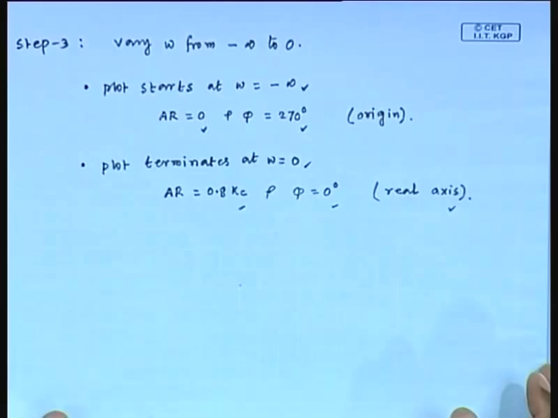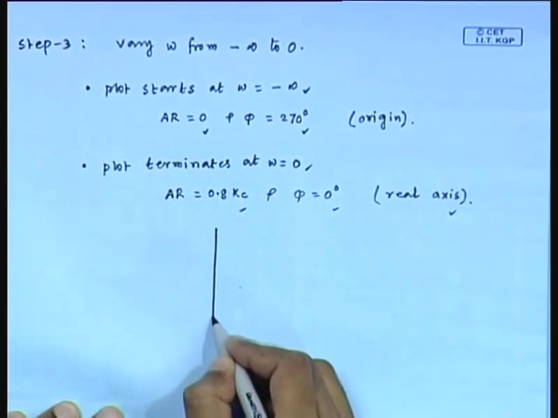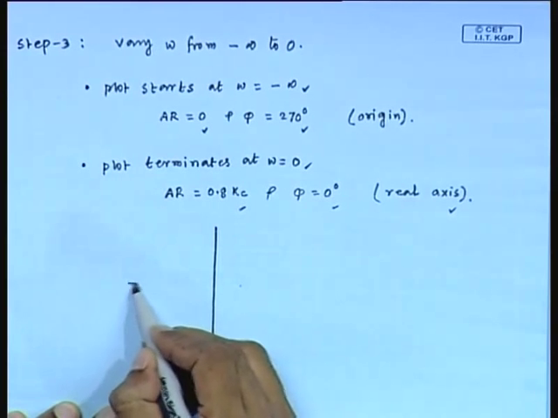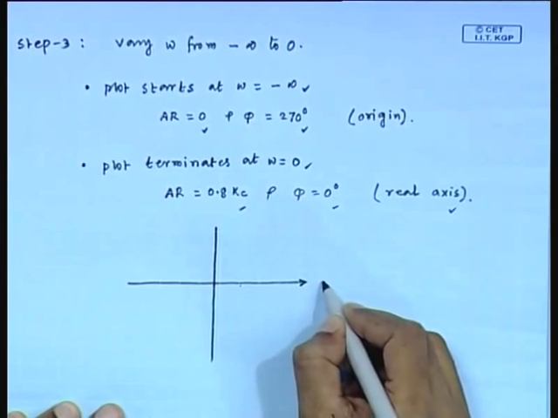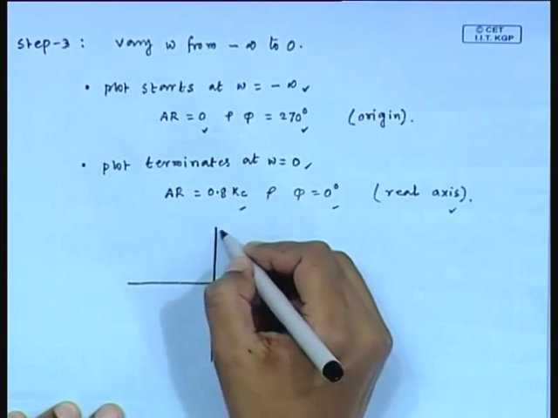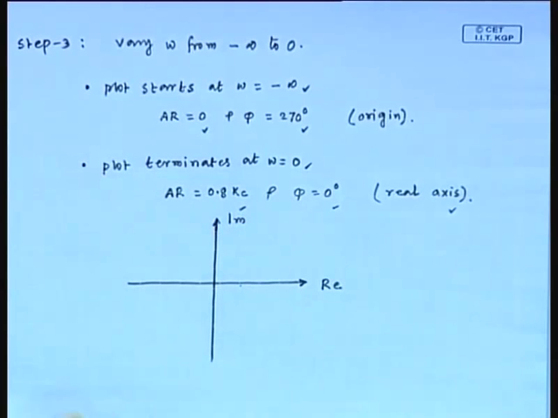Now, we will draw the polar plot for this case, I mean varying omega from minus infinity to 0. This is the real axis in the complex plane, this is the imaginary axis.